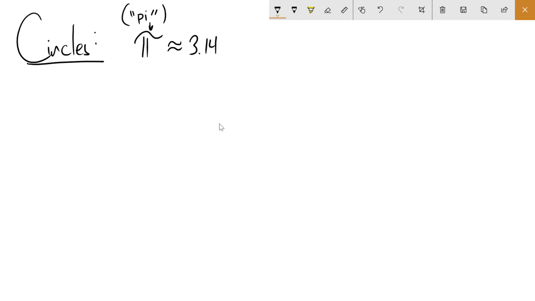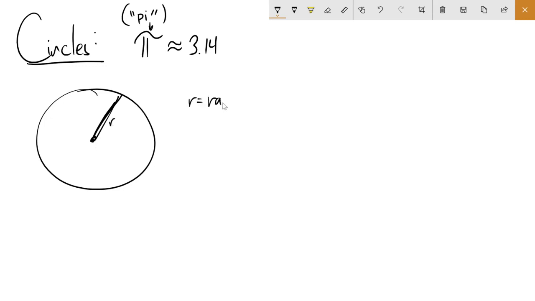What pi is, so here's the thing about circles. Circles are defined by a couple things. So in a circle, you can have a radius. Okay, so a radius is like a half width of a circle, and we usually call that r.